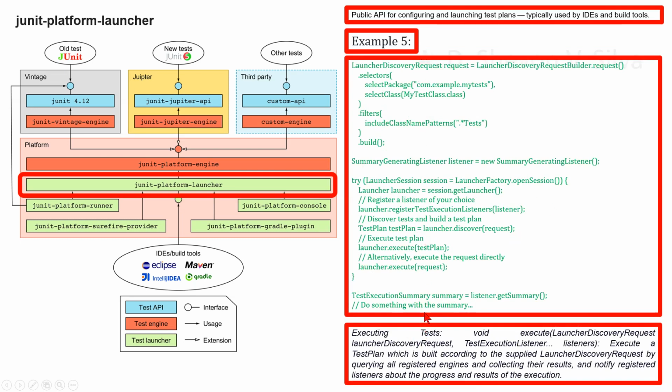Here public void execute(LauncherDiscoveryRequest, TestExecutionListener...): this method executes a test plan which is built according to the supplied LauncherDiscoveryRequest by querying all the registered engines and collecting their results.